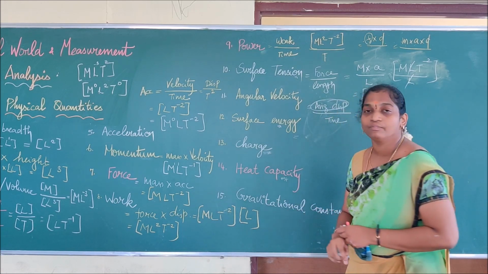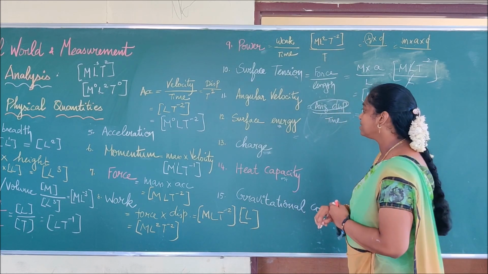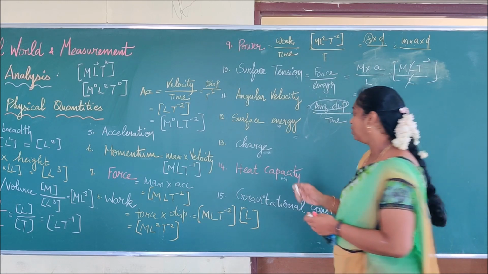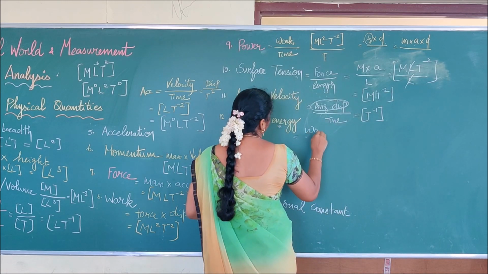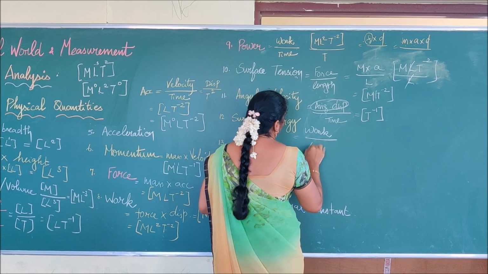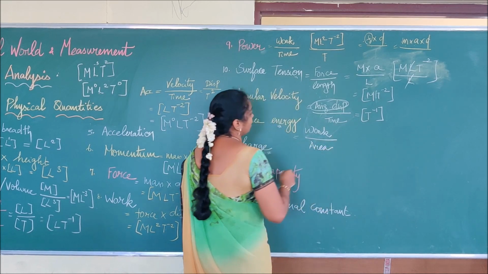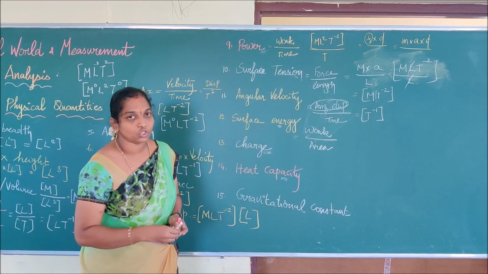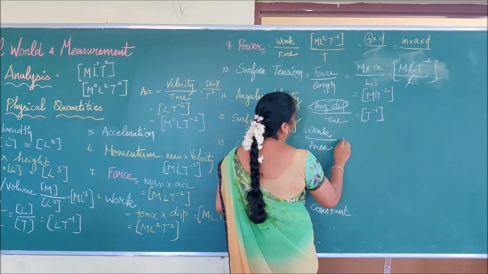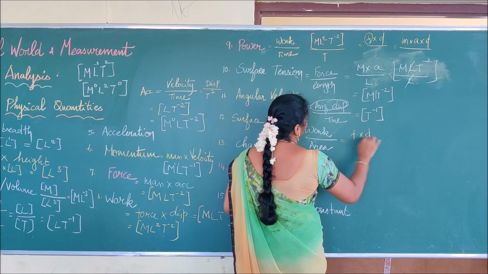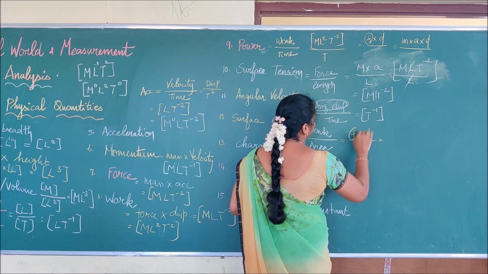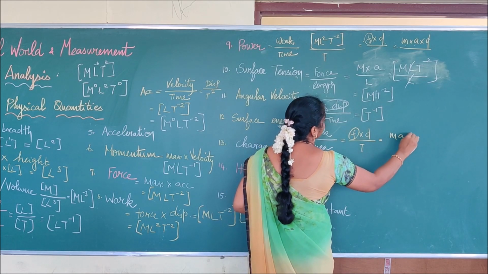Then next comes surface energy. What is surface energy? We can say it is work by area. What is work? Work is force into displacement, or force can be written as mass into acceleration into distance.